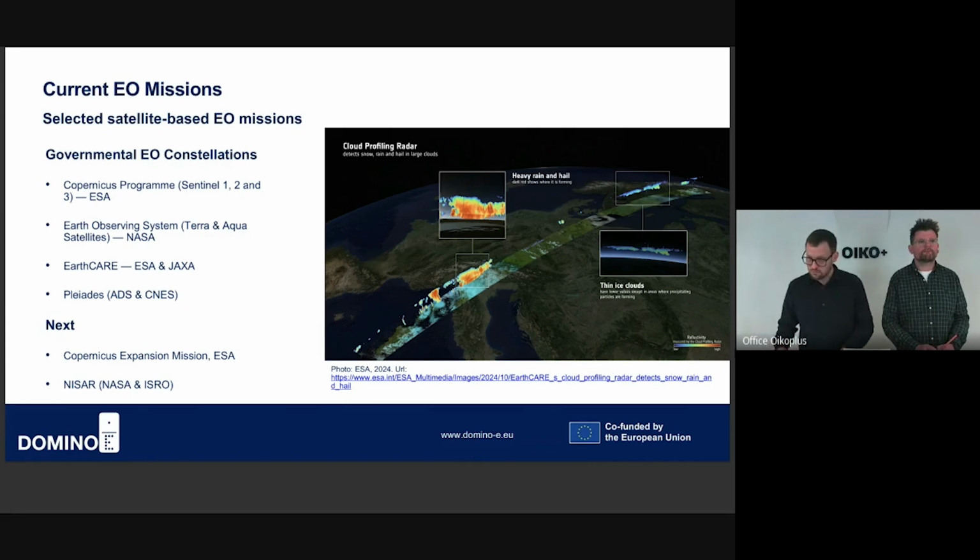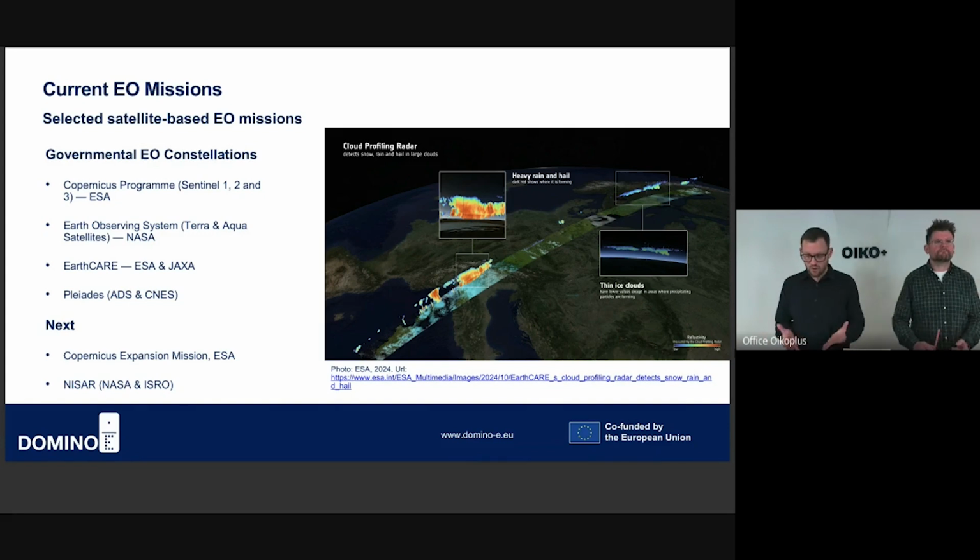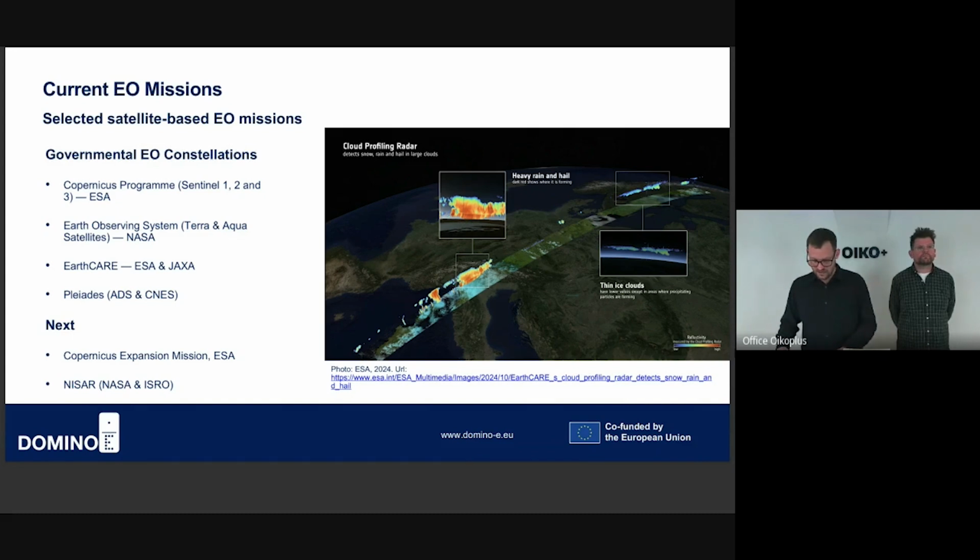We have the Copernicus program, including the Sentinel-1, 2, and 3 constellations that are delivering continuous high-quality data for everything from urban planning to climate science. It is data that is, at least in parts, free and open access, and therefore marks one of the most important enablers of innovation in the Earth observation ecosystem.